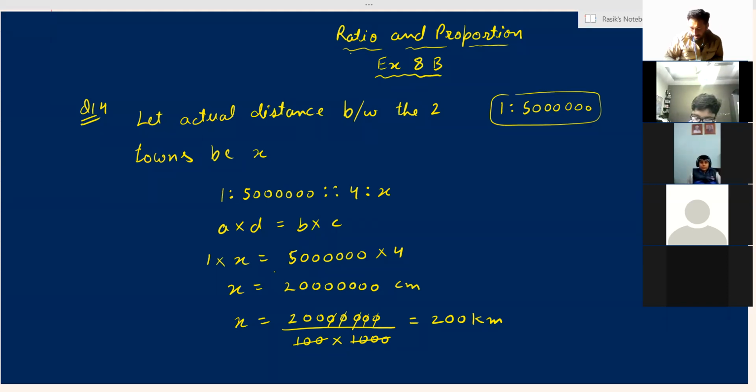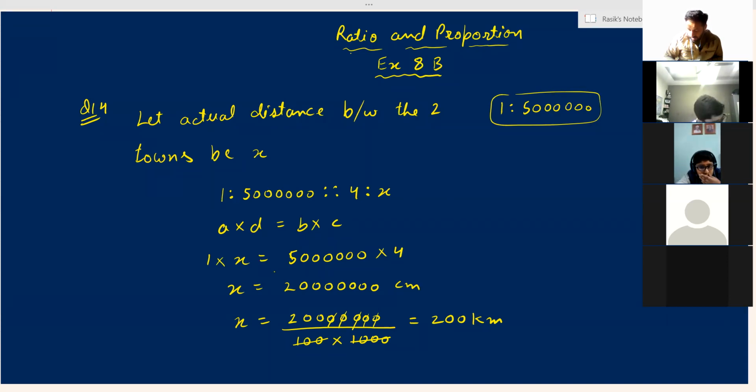Again, we will use the concept of proportion in this. Checking. Your answer is correct. Method is also correct, no problem in the method also.